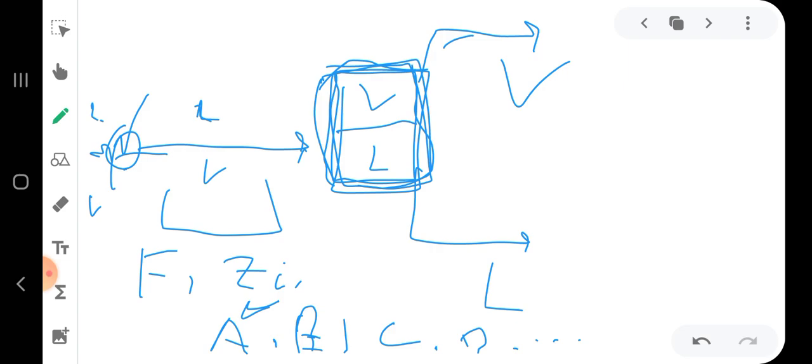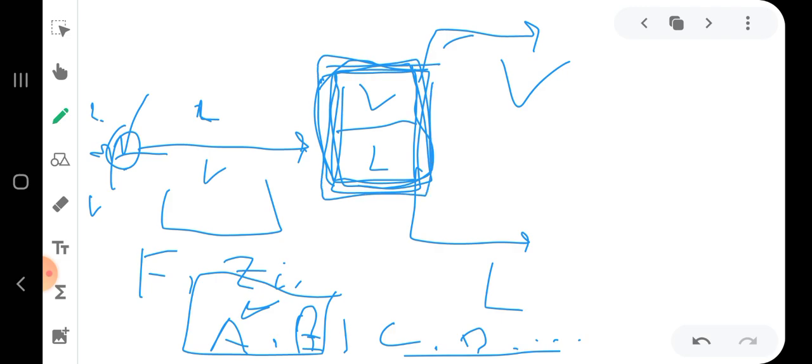Okay? First, we are going to talk about the binary system, where we have two components only, A and B. Then we will talk later about the multi-component system, where we have many components, but still we are talking about the single stage.